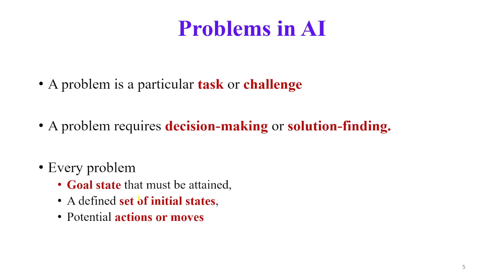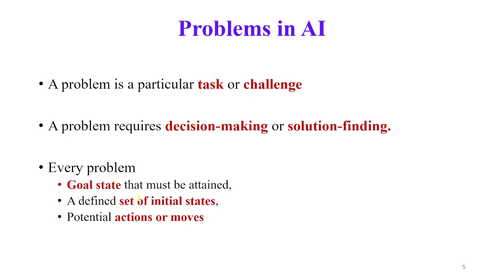This might sound very simple, but the power of this formulation is very challenging. Because if you take, for example, the problem of chess, it has multiple states. There is a very large state space.